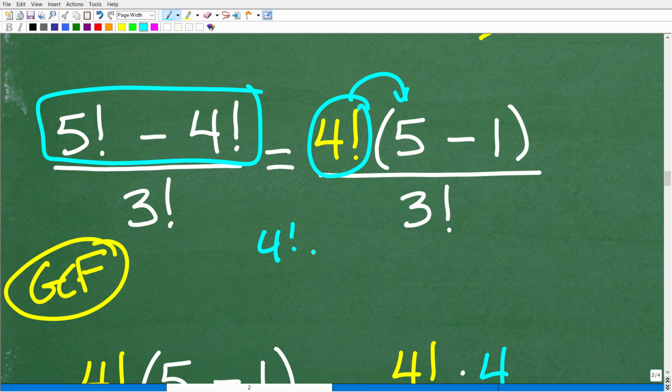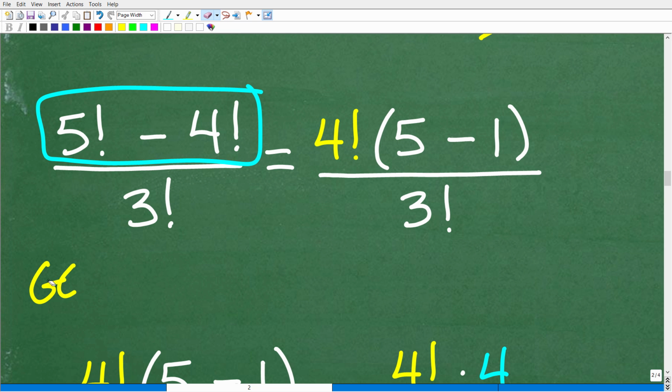Well, 4 factorial is 4 times 3 times 2 times 1, and if I multiply this by 5, I have 5 factorial. So 4 factorial times 5 is indeed 5 factorial. And then 4 factorial times 1 is 4 factorial. So you can factor out factorials. It's something you definitely want to do.